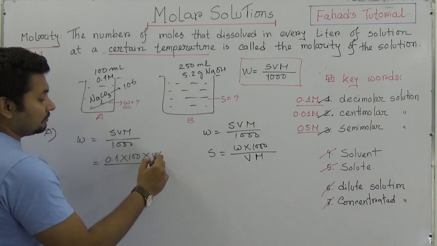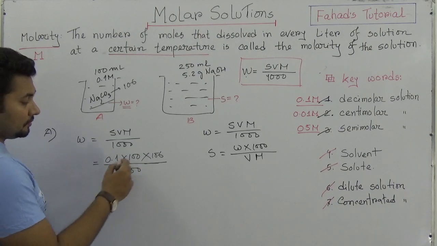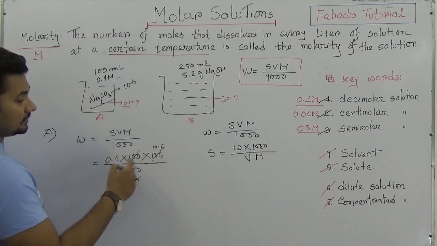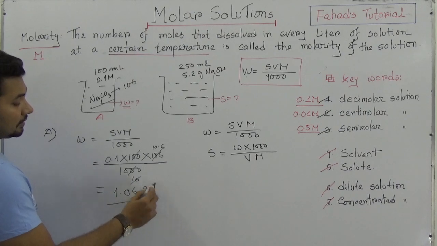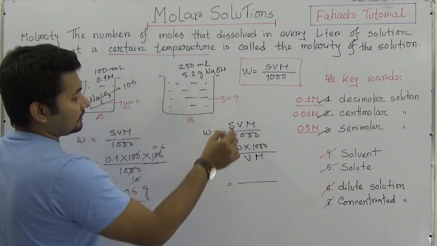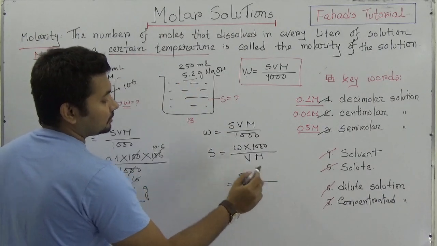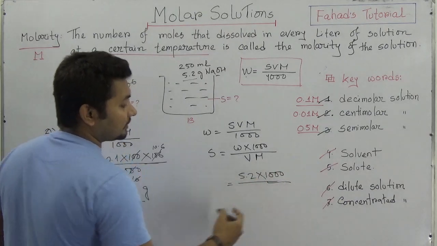So here would be 106 divided by 1000, so it will be 1.06 gram. And here you see W is what? W means 5.2 gram. So 5.2 is given, times 1000.